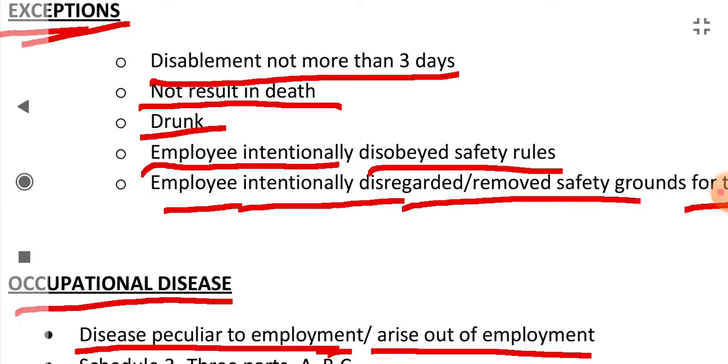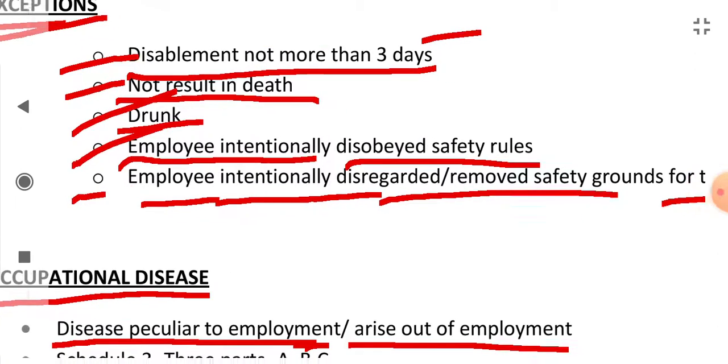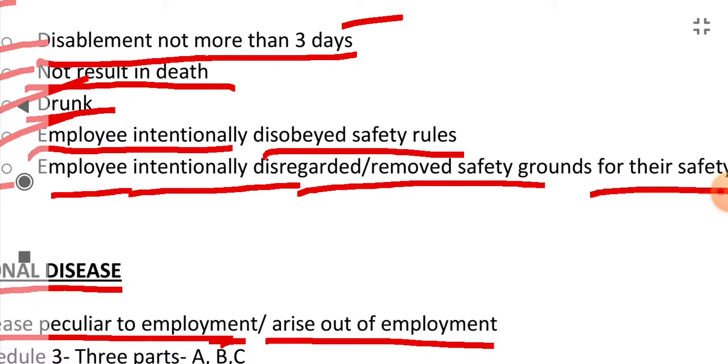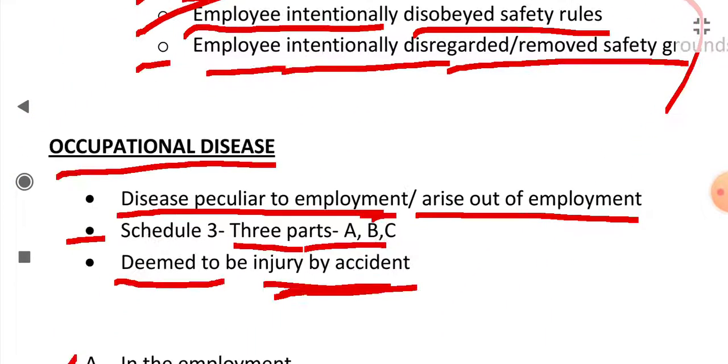It is where the disablement is not for more than 3 days, and in the case of death, if the accident didn't result in death, then he will not be compensated. If the workman or employee was drunk, or the employee intentionally disobeyed safety rules, or the employee intentionally disregarded or removed the safety guards, then also he will not be compensated.